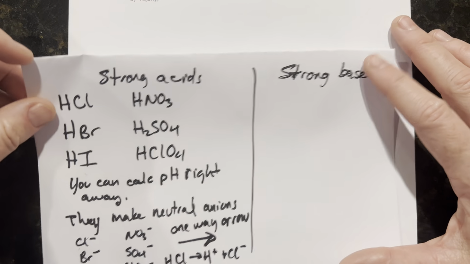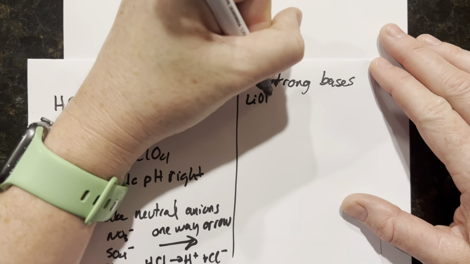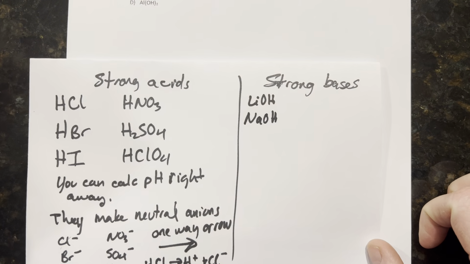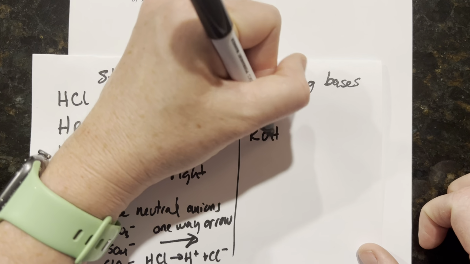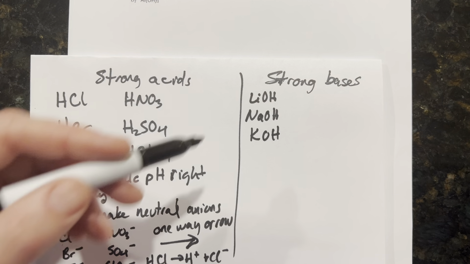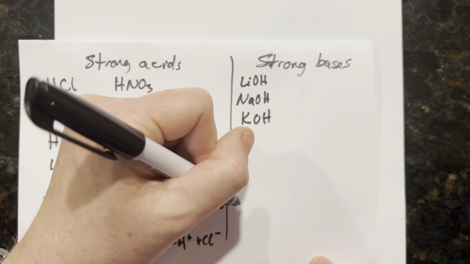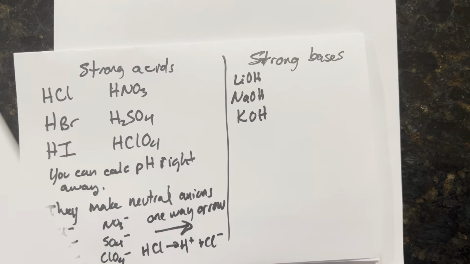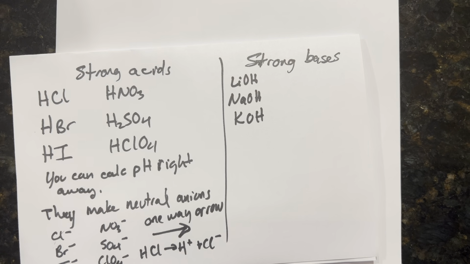Then we have our strong bases. Again, you can look at the periodic table. We have lithium hydroxide, sodium hydroxide, potassium hydroxide. I was looking for ways to memorize things, and you have LiNaK.